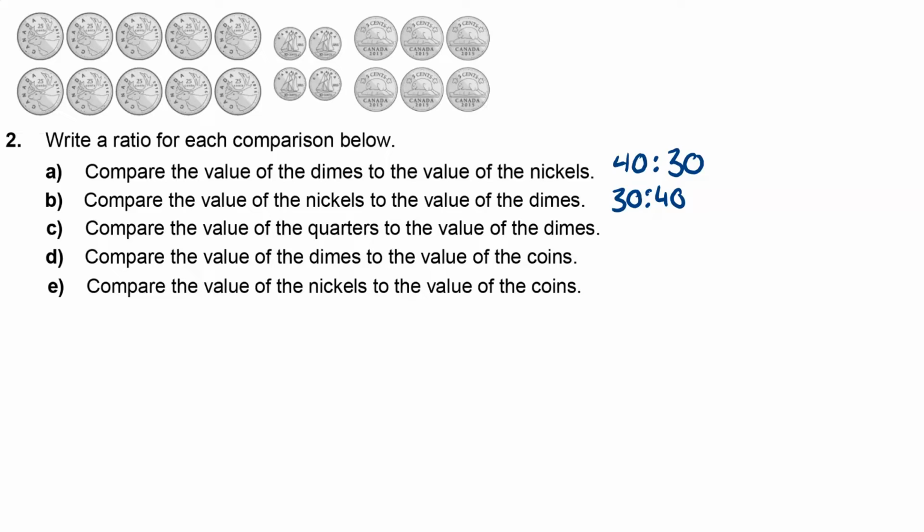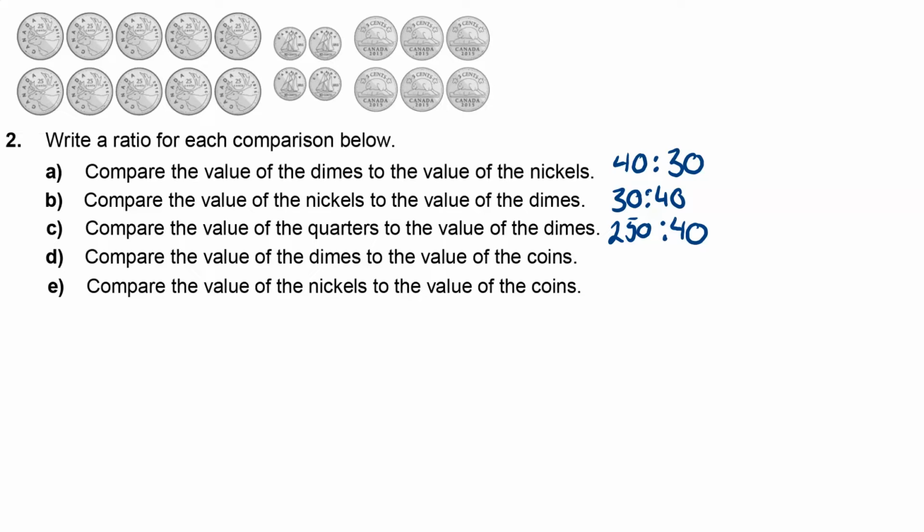Now we compare the value of the quarters to the value of the dimes. If I put 4 quarters together, that's $1, $2, and 2 more quarters makes 50 cents. So 250 cents to the value of the dimes, which is 40. Now we compare the value of the dimes to the value of all the coins together.